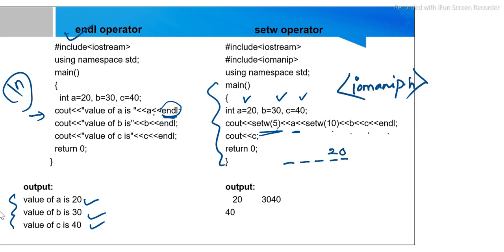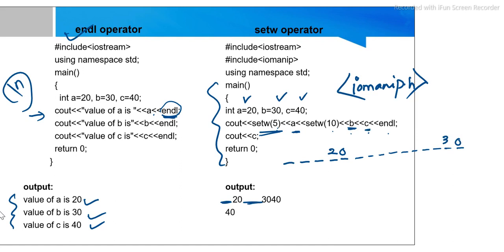Then we have written setw 10, that means 10 places, 1 2 3 4 5 6 7 8 9 10. 10 places will be reserved, and right justified, the b value will be displayed, that is 30. So here you can see some spaces are left, then 20 is printed, then some spaces are left, then 30 is printed. Then our next is c.